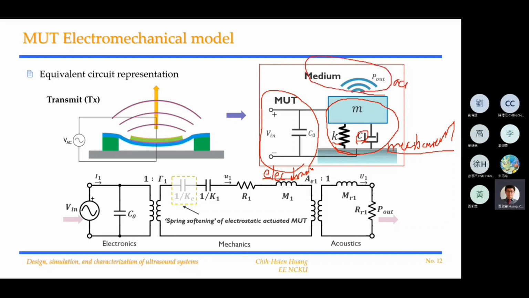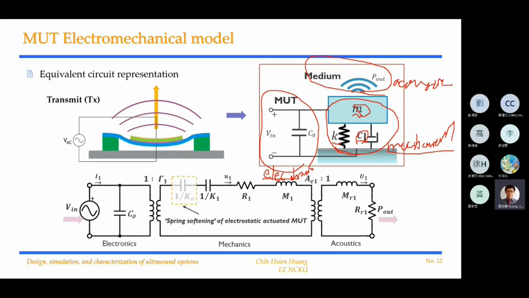So when we move, the mass also comes from the structure layers, including your supporting layer, your piezoelectric layer and all the materials in your mechanical part. They move together, vibrating and generating acoustic waves.